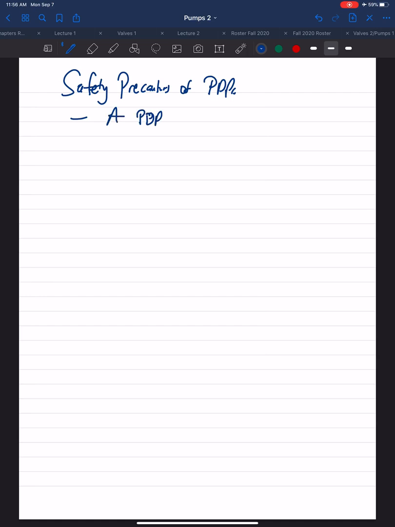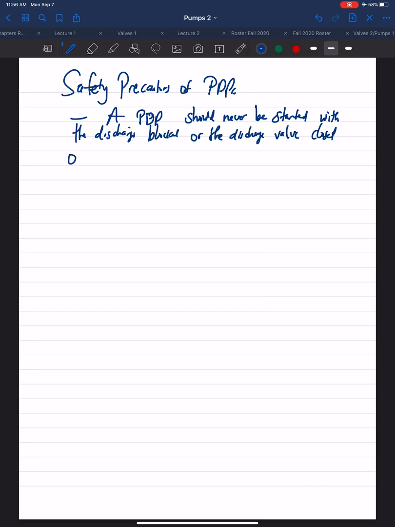A positive displacement pump should never be started with the discharge blocked or the discharge valve closed or throttled. And throttled meaning partially closed.